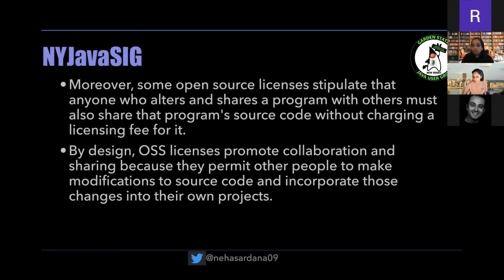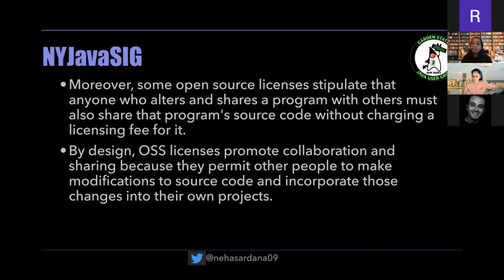Also, the open source licenses stipulate that anyone who alters and shares the program with others must also share the program source code without charging a licensing fee. So the gist is, you don't have a licensing fee attached here in terms of open source software.